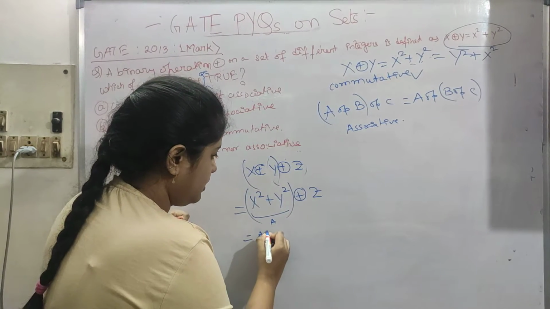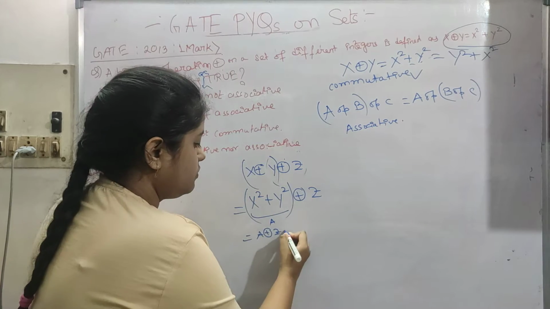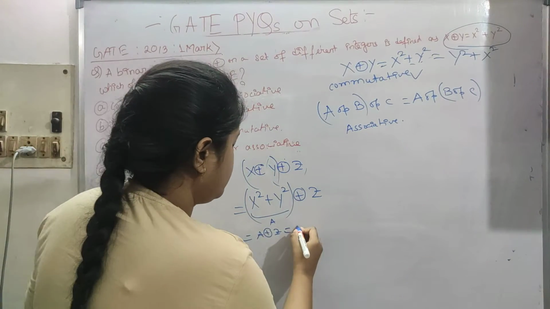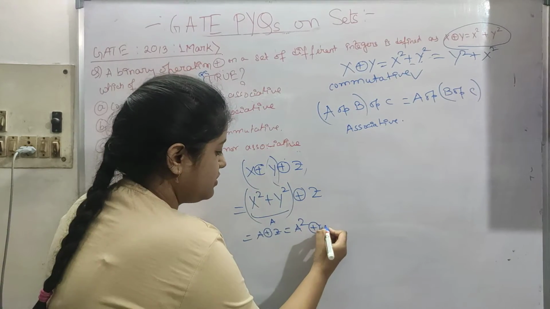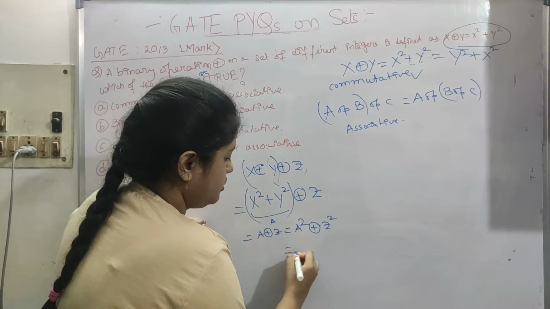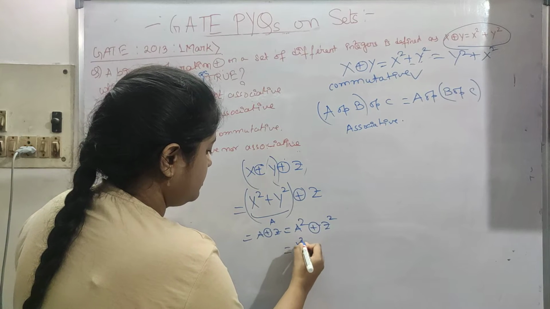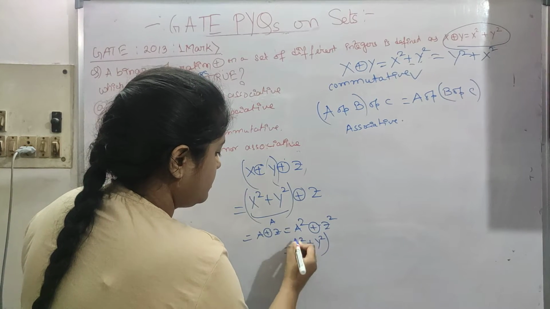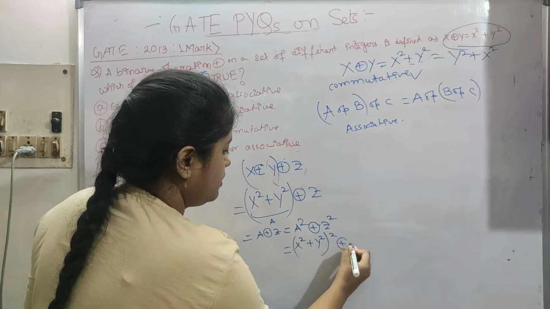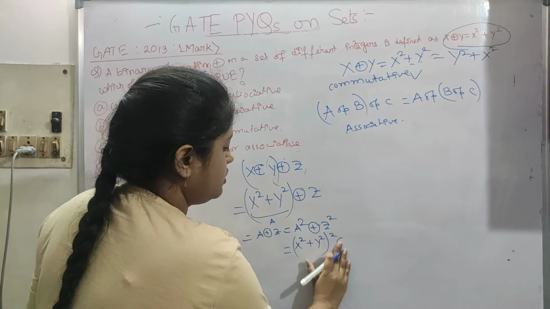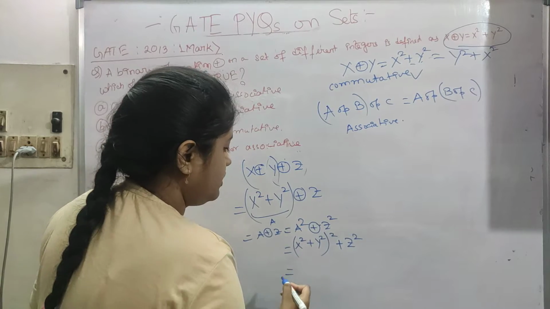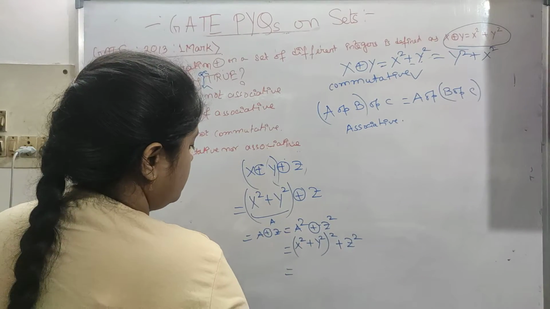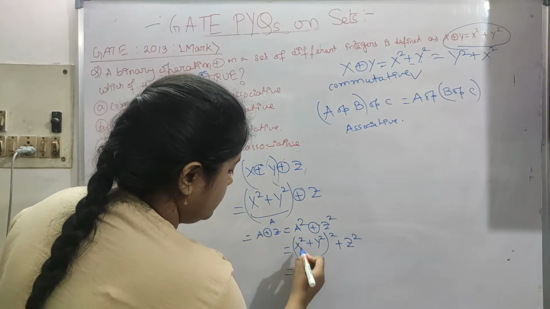Now this means a square, not XOR, this operator, z square. So a square is (x square plus y square) whole square, plus z square.